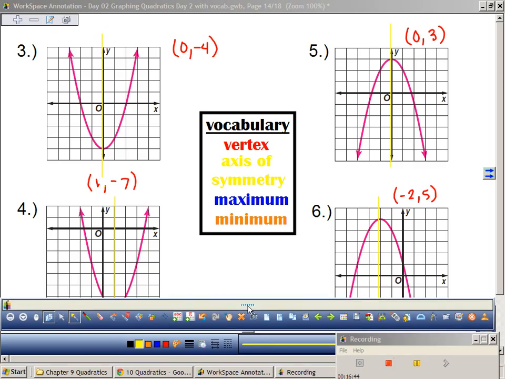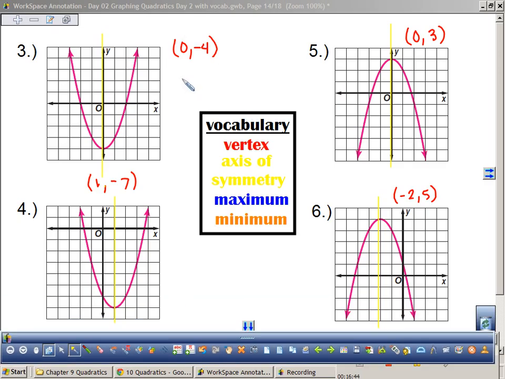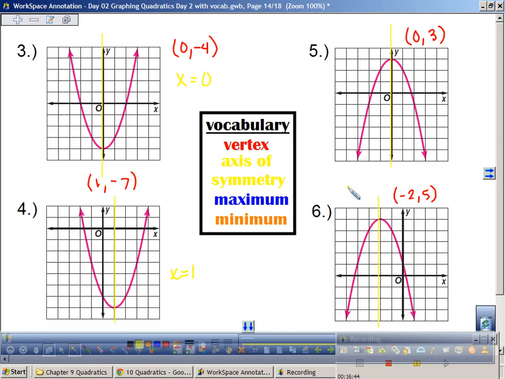And you can't see the yellow very well, so I'm going to write it anyways. And I would call that x equals what on this one? 0. And on this one? And on this one? -2. And on this one? 0.